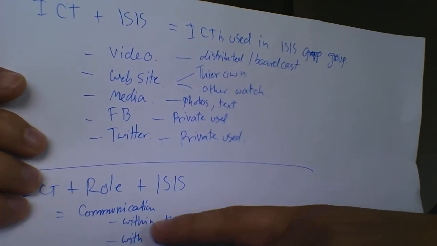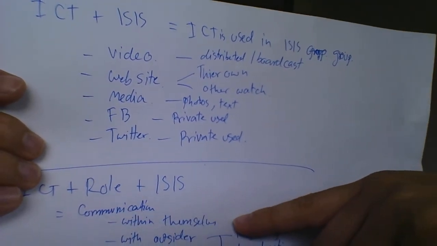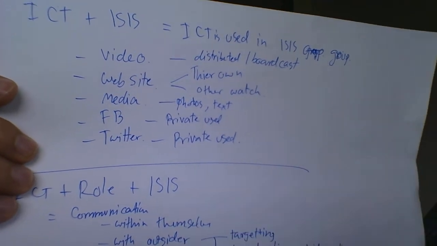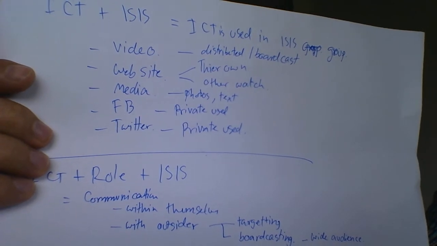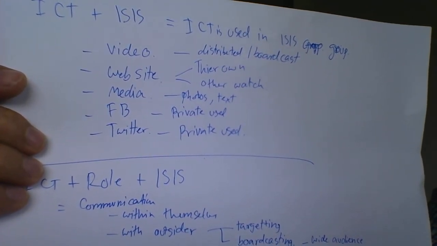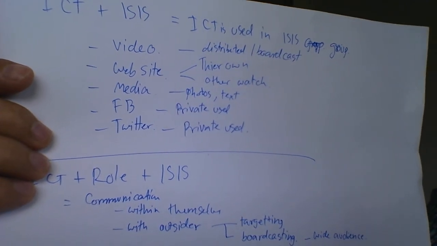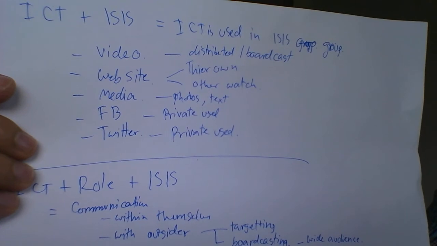Okay, first one: when ICT is implemented within the organization or the group, they can form a stronger group. They can be communicative in the team, so they can take action correctly for the organization.